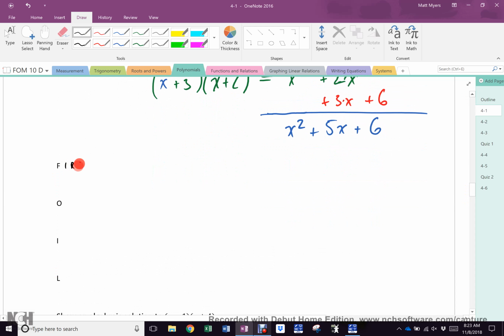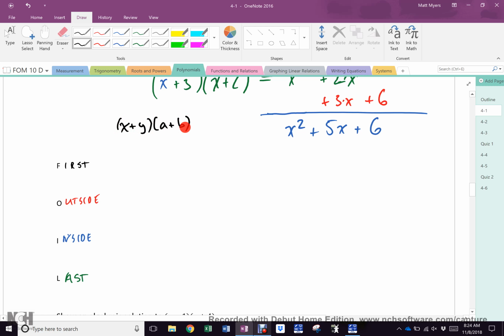And FOIL stands for first, outside, inside, last.